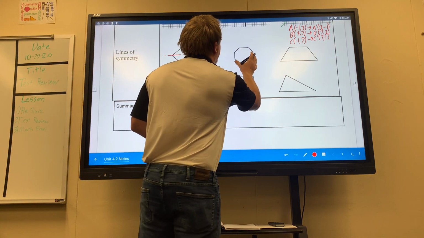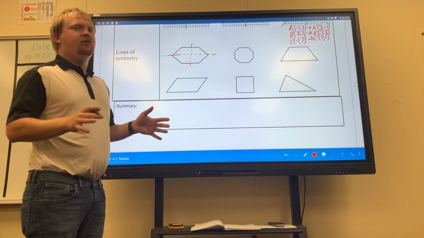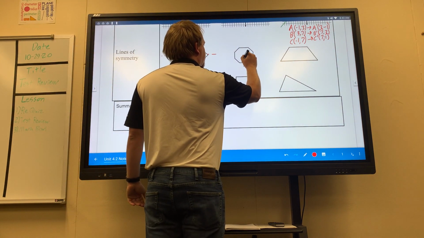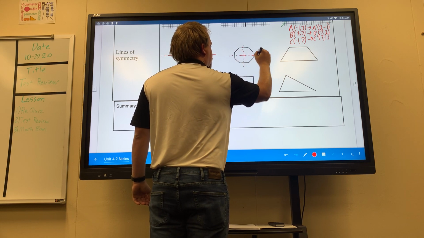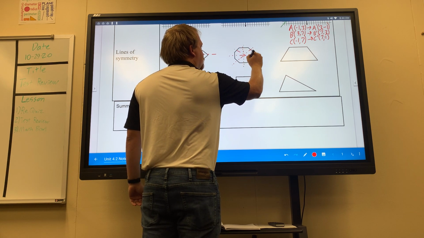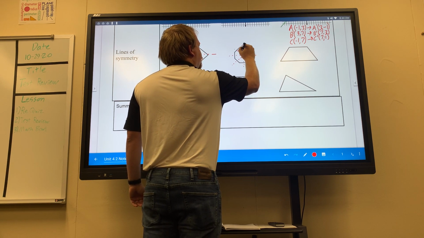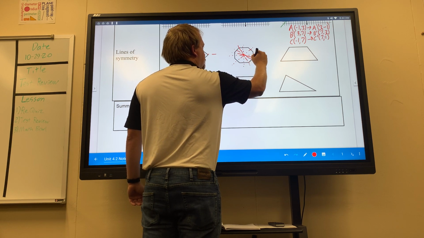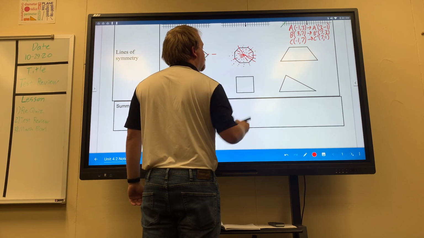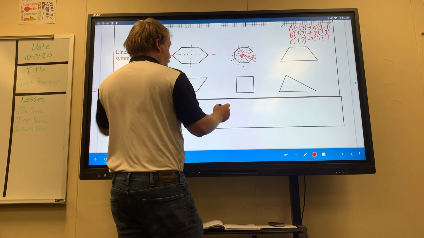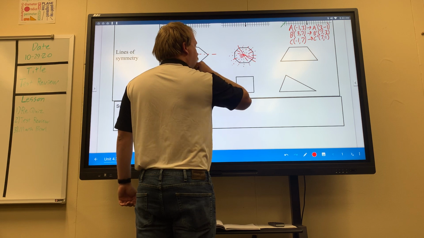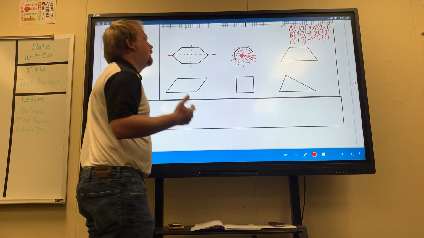Now for this octagon, if you guys don't see it, I want y'all to pretend that it's all equal sides, okay? So not only do I have lines of symmetry going left to right or up and down, but I also have some diagonals and also some in the corner here. So I have about 1, 2, 3, 4, 5, 6, 7, 8, 9, at least 9 lines of symmetry.